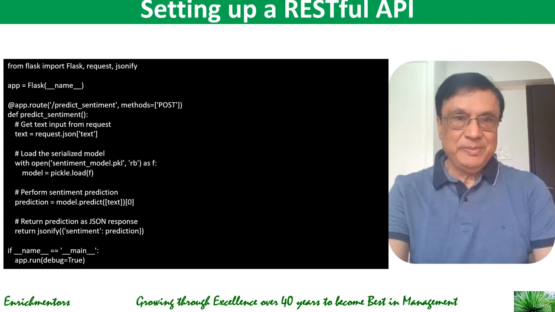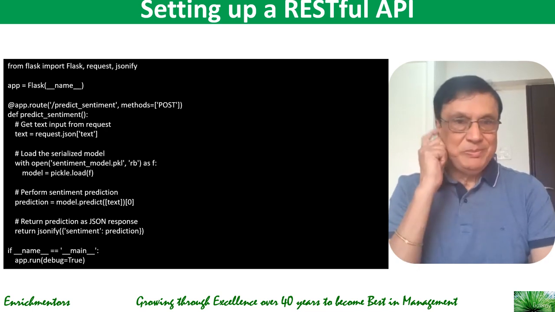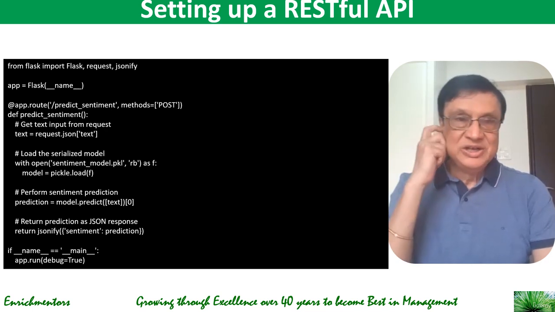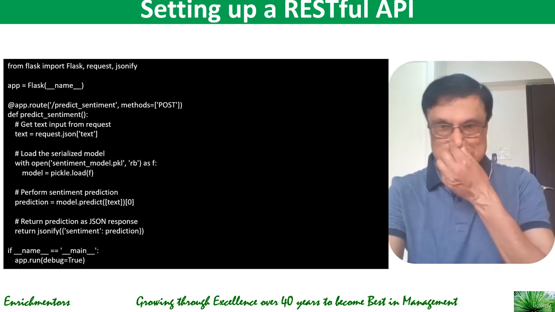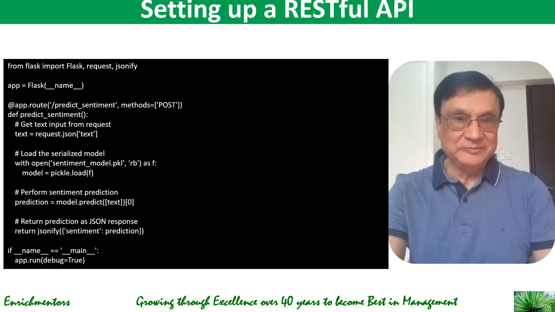Then they set up a RESTful API using web frameworks such as Flask to expose endpoints for model inference, and implemented API endpoints to receive the text inputs, pass them through the trained model, and return sentiment predictions. So they built the bridges through the API for data to go in and get processed by the models they had built.